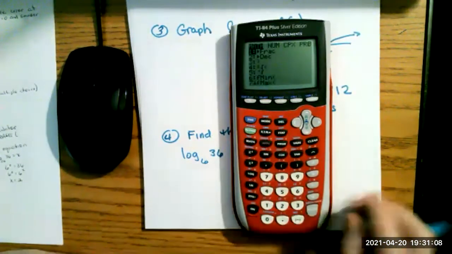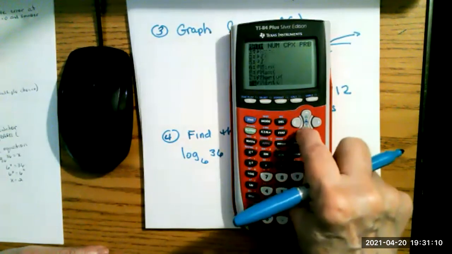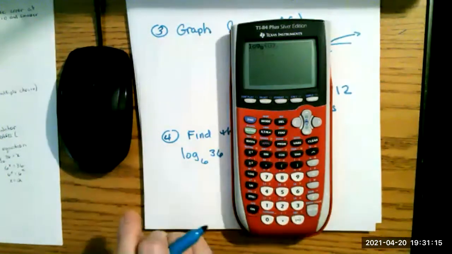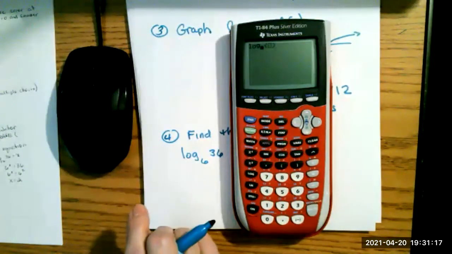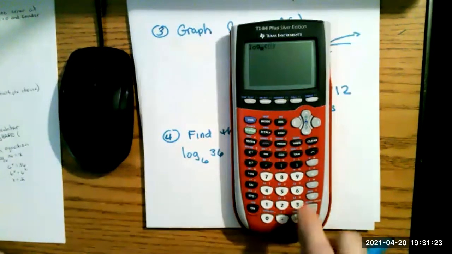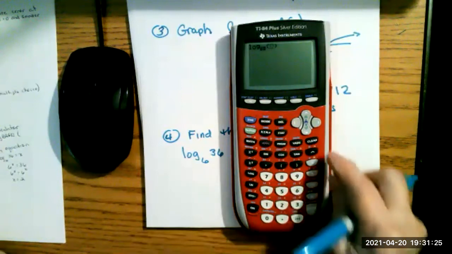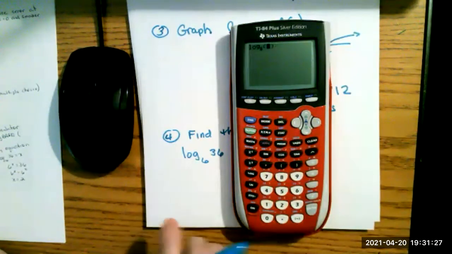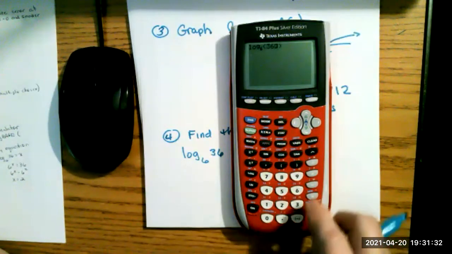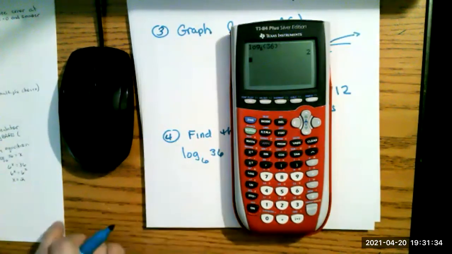Under math, go down to A, log base, and it's on a blank screen. It's not in the y equals because we're wanting a number, not a graph. So see how you can put the 6 in for your base, and then come over here and put a 36 in for your big log number, and hit enter, and your answer's 2.